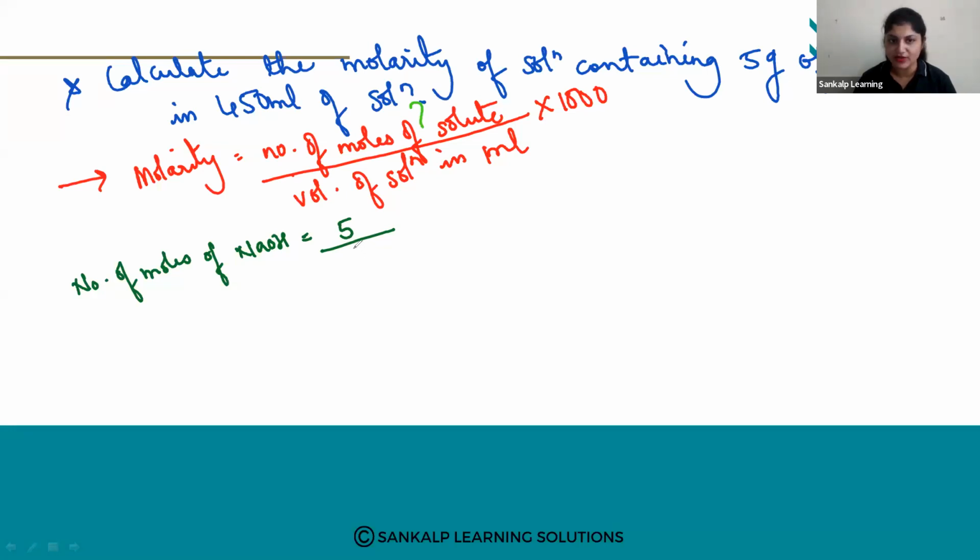What is the molar mass of NaOH? Na is 23, oxygen is 16, hydrogen is 1.